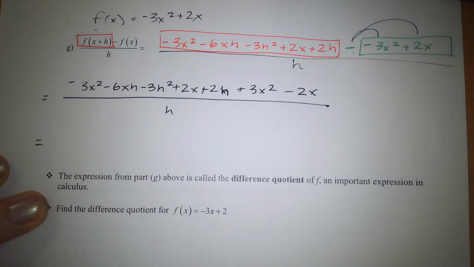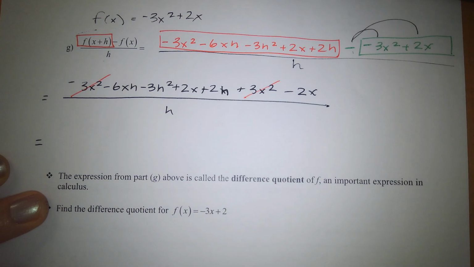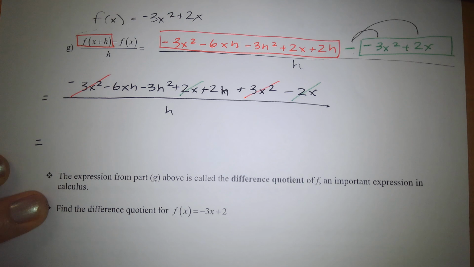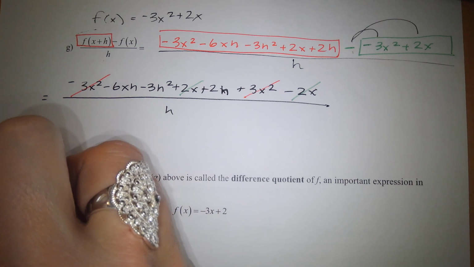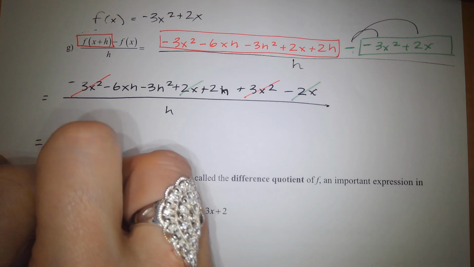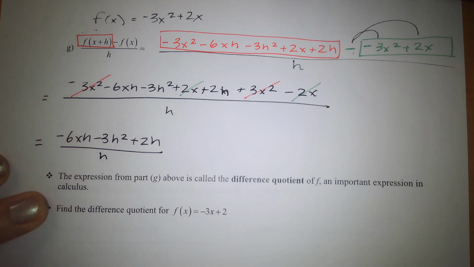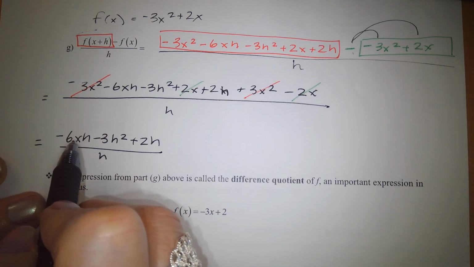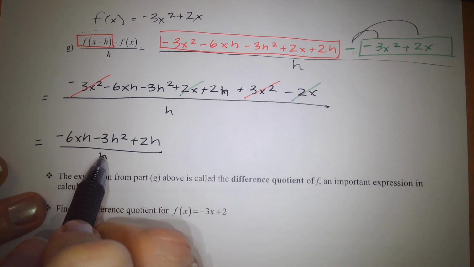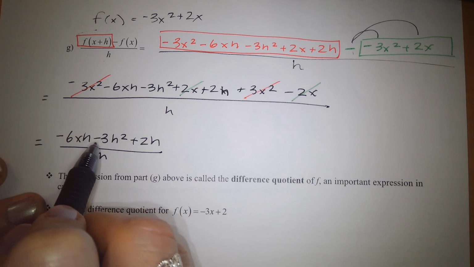You're going to notice things are going to cancel at this point: negative 3x squared and 3x squared, 2x and negative 2x. So the only things left are negative 6xh minus 3h squared plus 2h, all over h. Now remember, to simplify a rational fraction, we want to take out as much as we can as the greatest common factor.